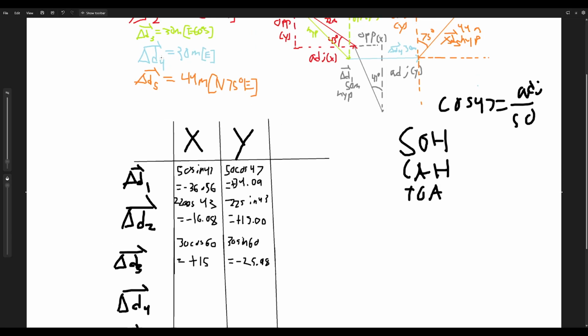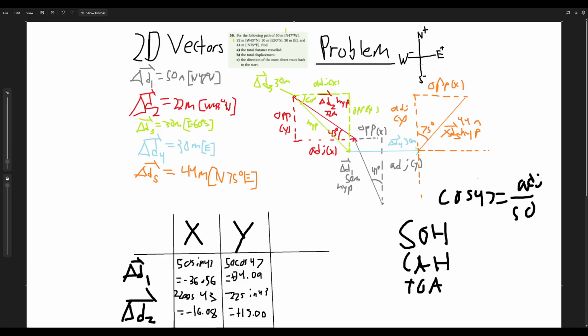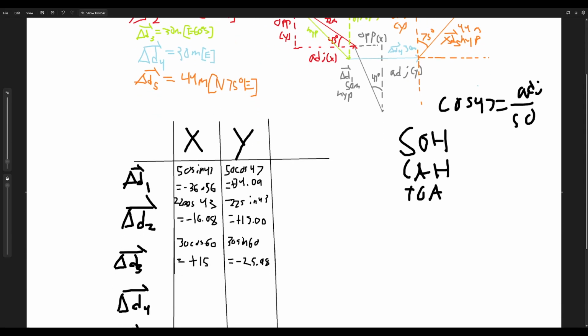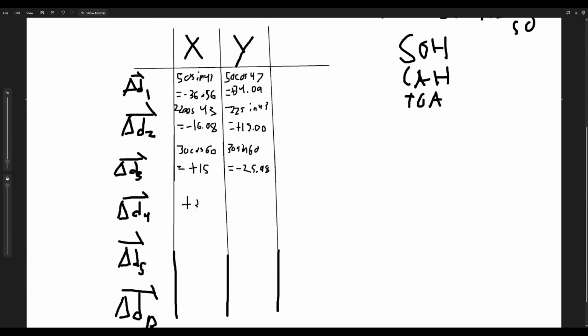This is an easy one. The fourth displacement, 30 meters east. That is just going to be a straight line like we see here to the right. East is positive, so we can just say this is plus 30. And there's no change in the y-axis.